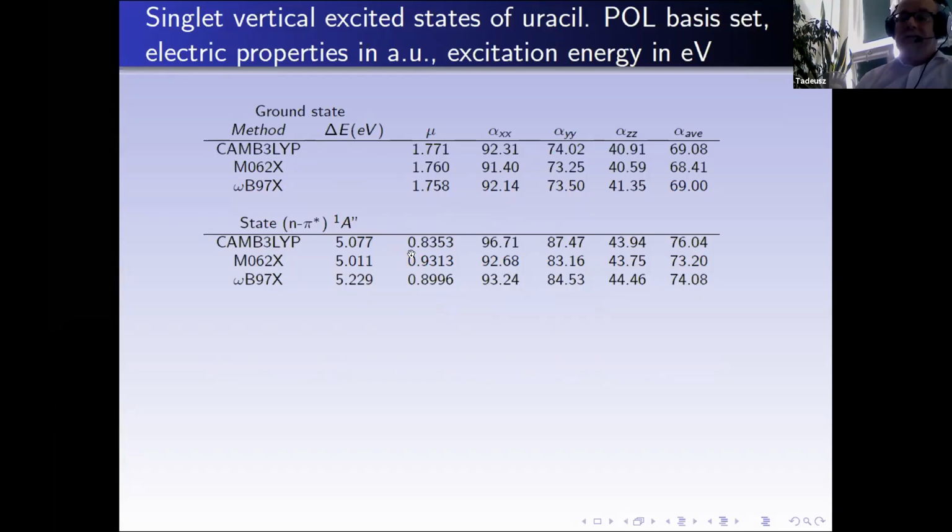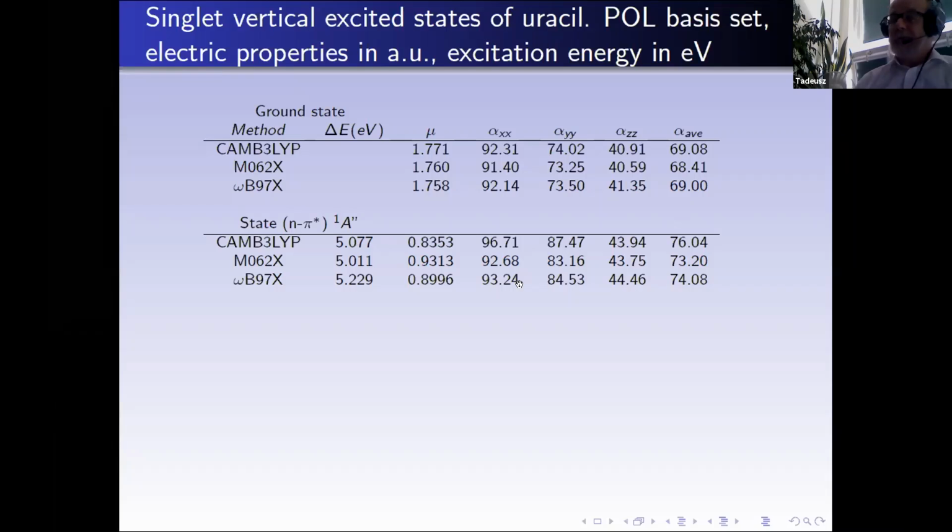And then we perform the finite field calculations for the first excited state of the n pi star character. And we see that the dipole moment is now down by about 50%, and the polarizability is slightly up, and the results are similar.